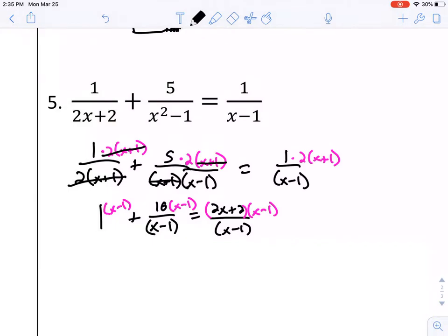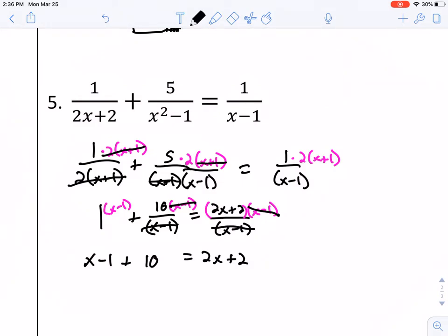And so now 1 times x minus 1 is x minus 1, plus x minus 1 cancels out top and bottom, so that's plus 10, equals that x minus 1 and that x minus 1 cancel out, leaving us with 2x plus 2.